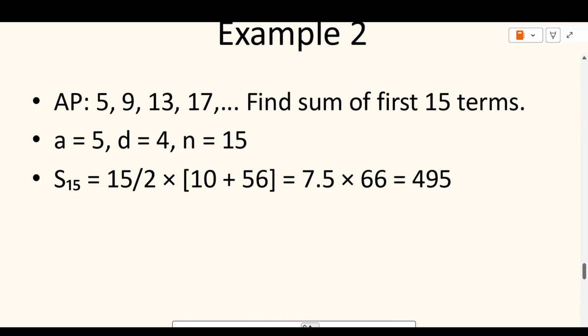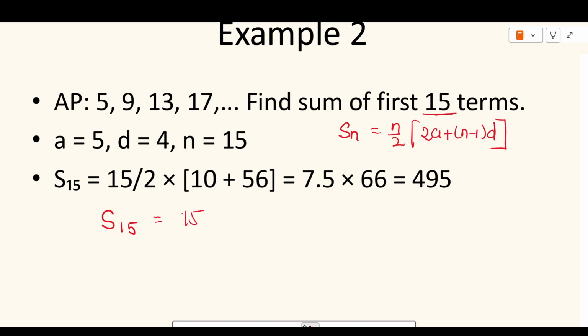Here is example 2. In a similar way, we use the formula Sn is equal to n by 2 (2a plus (n minus 1) into d). Put here n as 15, 2 into the first term 5, plus 15 minus 1, and d is 4.